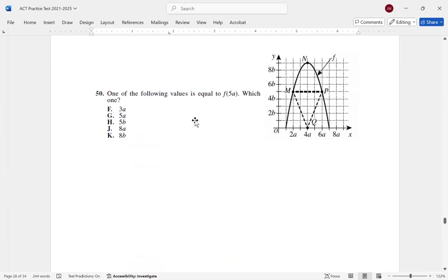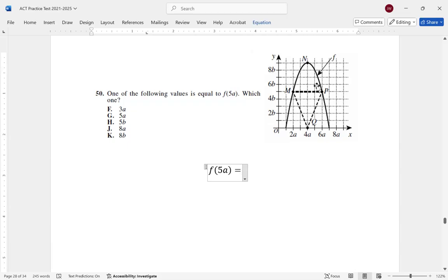Question 50. One of the following values is equal to f of 5a. Which one? So we're looking at f. F is this quadratic. We're just basically asking what do you get as the output when you plug in 5a? Well, 5a is right here.